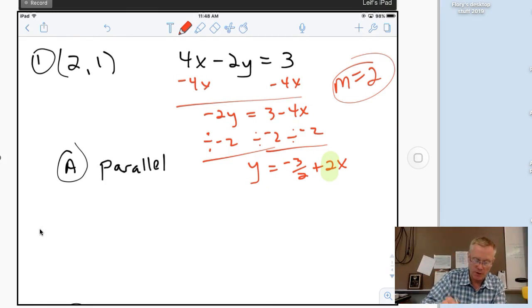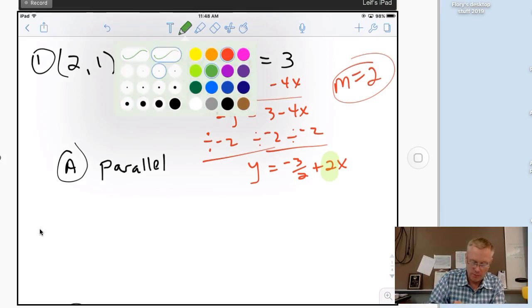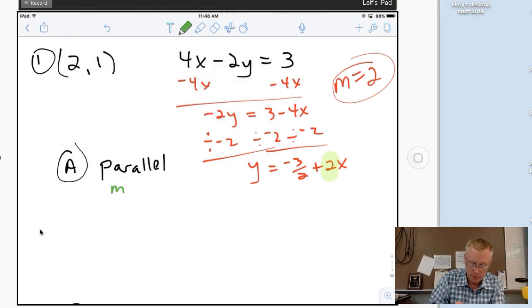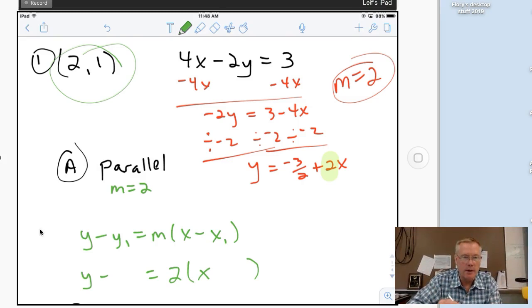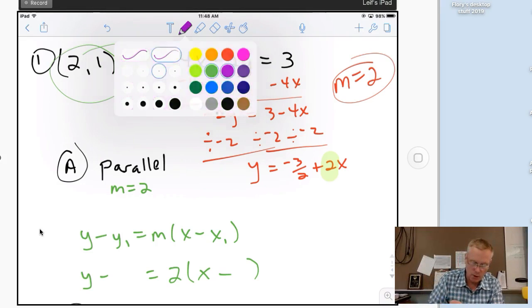Which means my new equation, for a line that's parallel, the slope will also be 2, and I need it to go through this point, which means I like the y minus y1 equals m times x minus x1 formula. I can plug in a point and the slope. The x coordinate goes next to the x and the y coordinate goes next to the y.